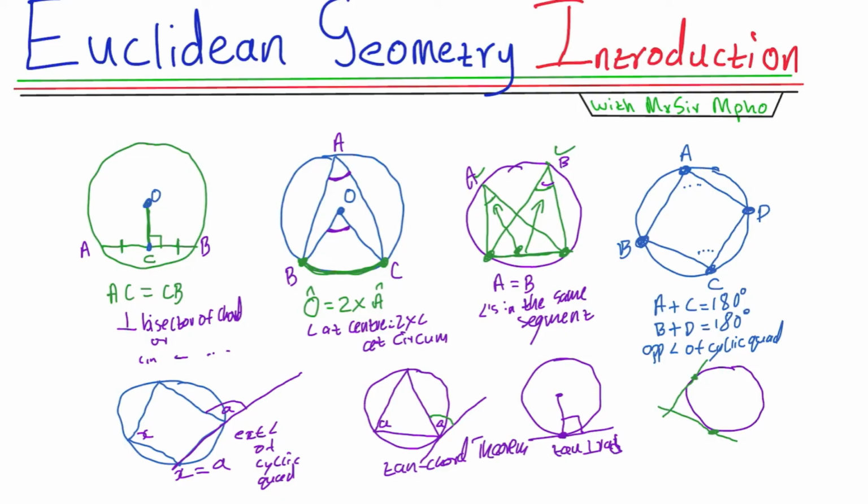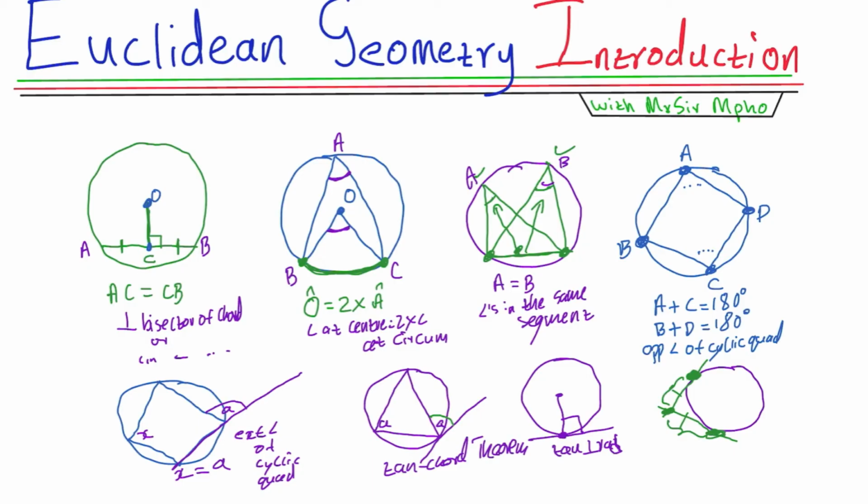Those two tangents, when they meet outside the circle, from the point where they meet to the point of contact with the circumference, the length here will be equal to the length here, so they will be equal in length. So we call them tangents outside circle. When you use this theorem for your reason, you're going to say tangents outside circle. Come on, guys, these things are easy, right?